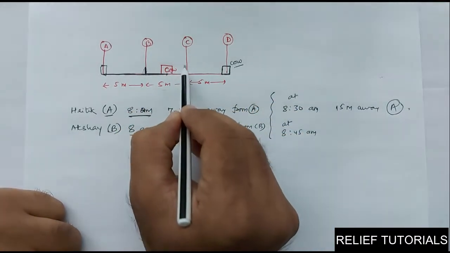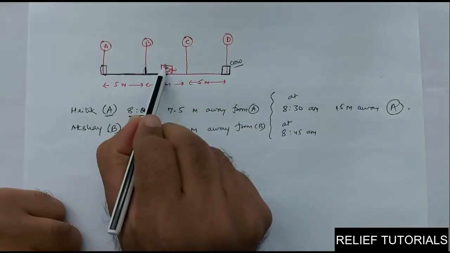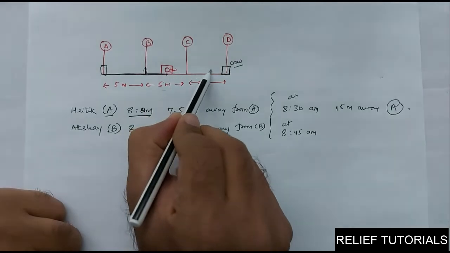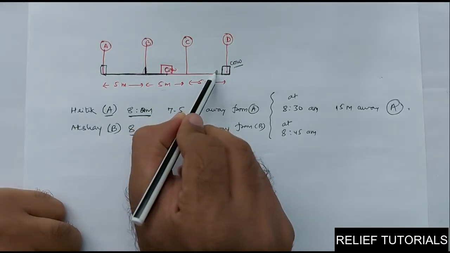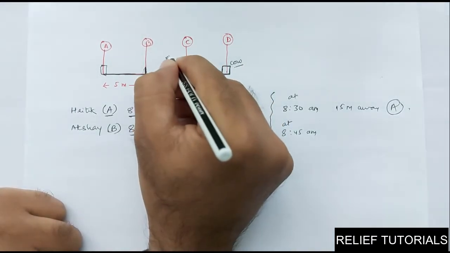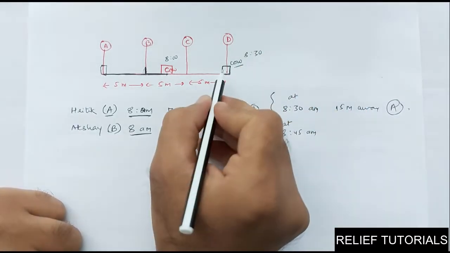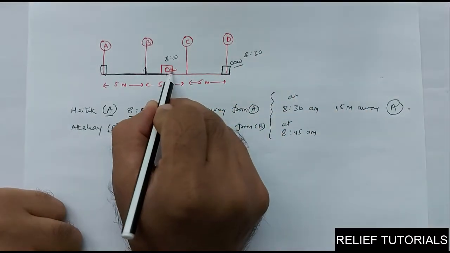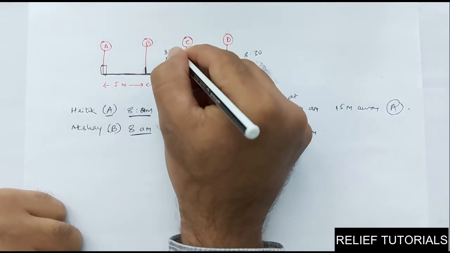So the cow is moving here and there. At 8 a.m. it was here. At 8:30 the cow was here. This is the position of the cow at 8 a.m. and this is the position of the cow at 8:30 a.m. And coincidentally, the cow came back to the same point at 8:45.